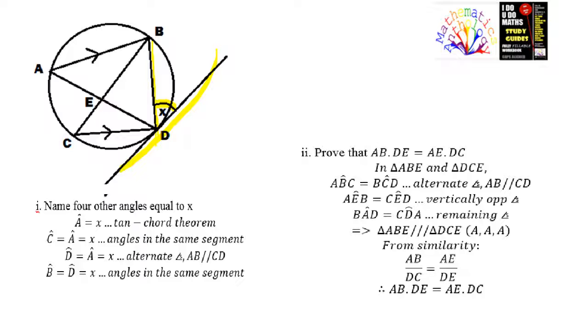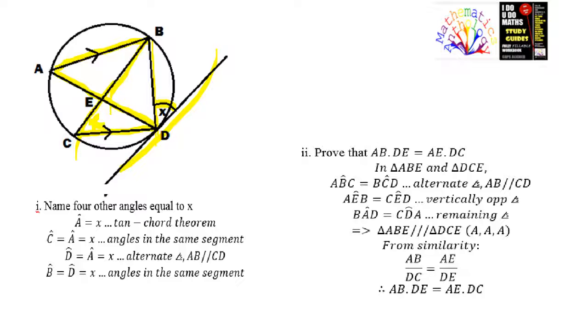Tan chord means we need to see which angle the chord subtends at the circumference. So if I pull that across, I can see that x should go where C is. Also, if I look at tan chord, I can pull the chord BD across to the circumference.